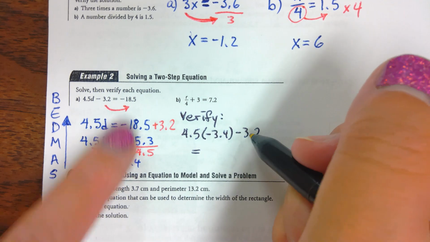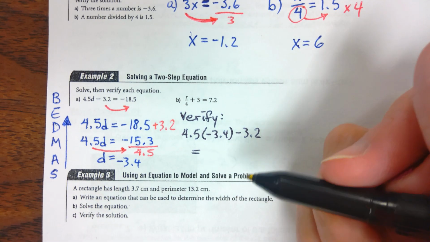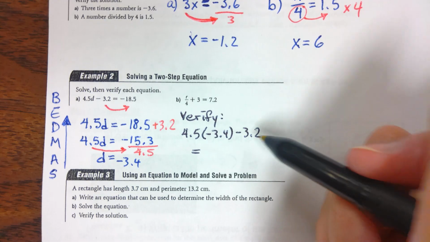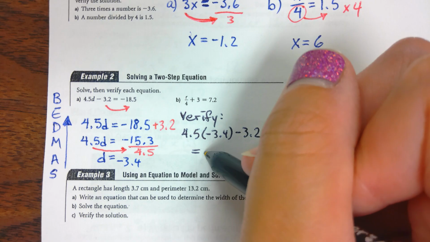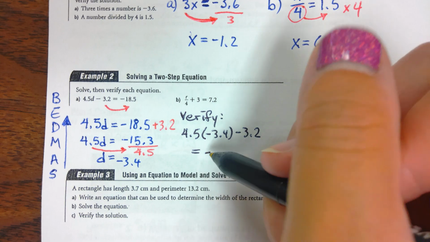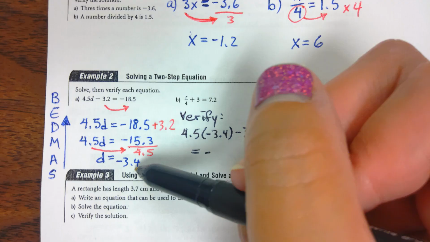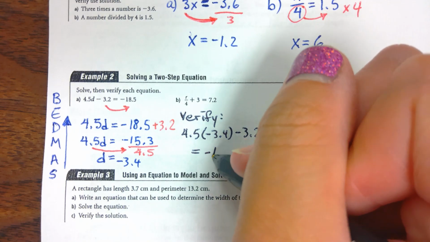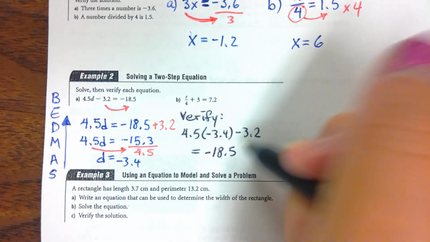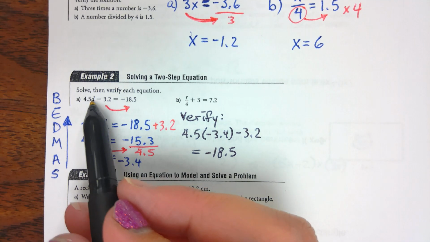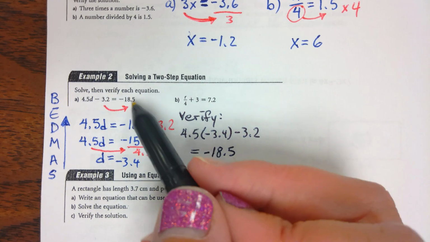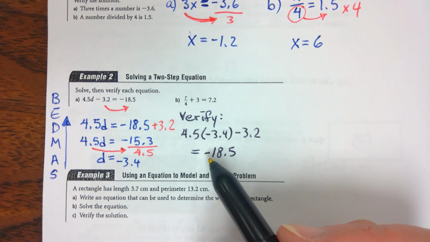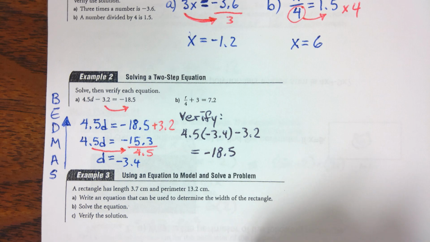If my math is correct, it should give me what? I'm checking my answer, so I sub this back. If I sub my answer into the equation, it should give me negative 18.5. It should give me the correct answer. And if it doesn't, what should you do? Then you did it wrong, right?